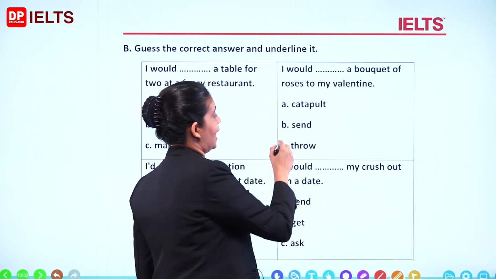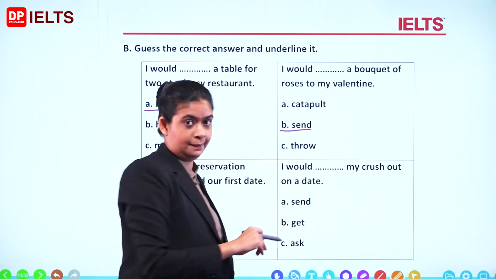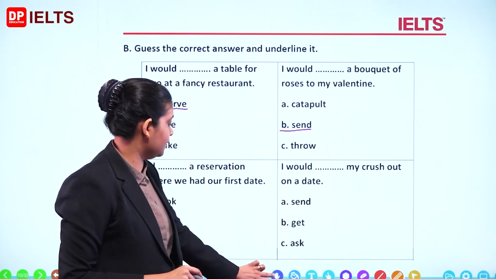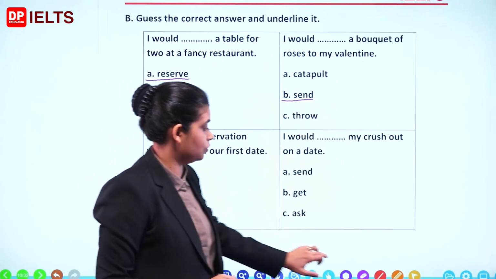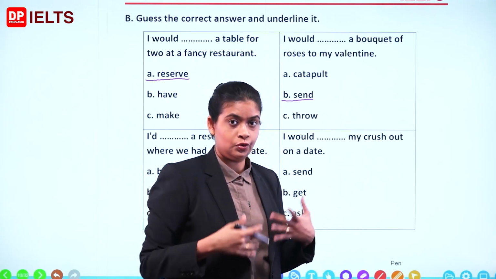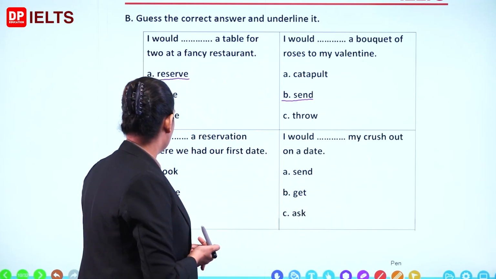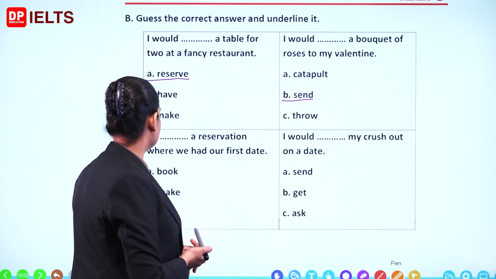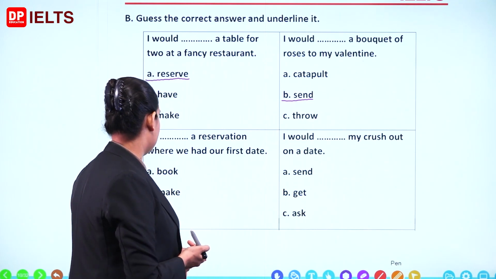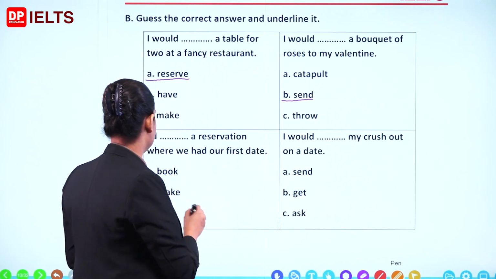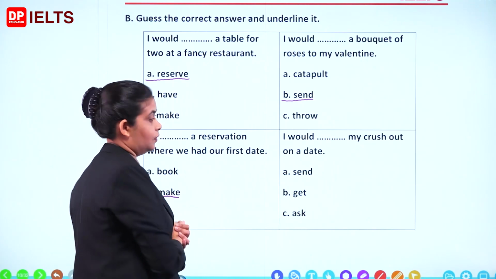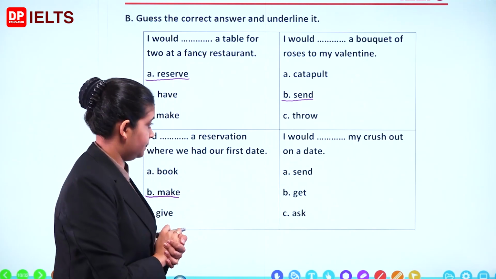I would send. Okay. වචන බලන්න ඒවා සාමාන්‍යයෙන් ලේසි ඒවා, so you should be able to put this down now. I'd make a reservation where we had our first date. I'd make a reservation. Okay, you make a reservation.